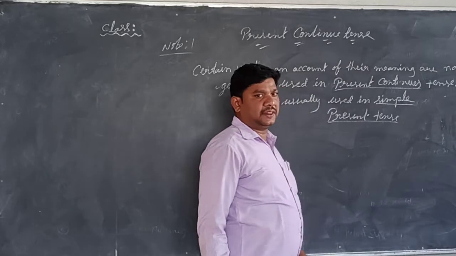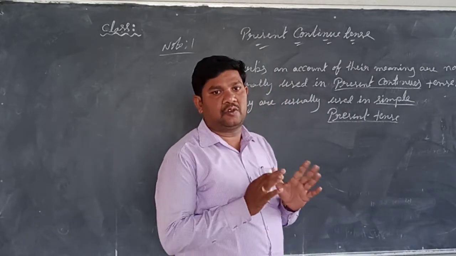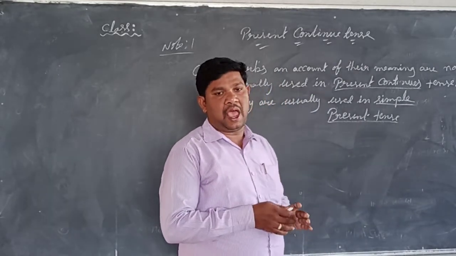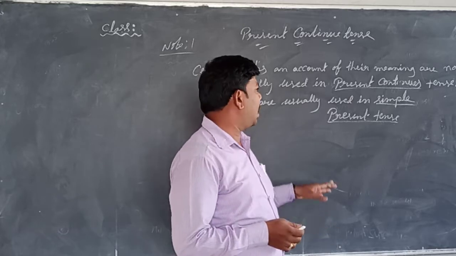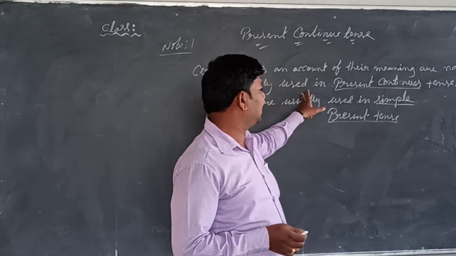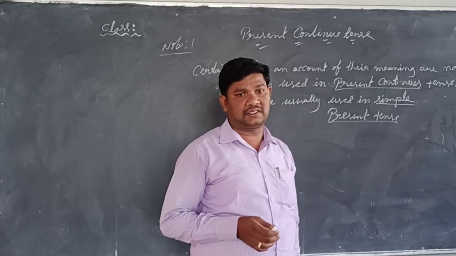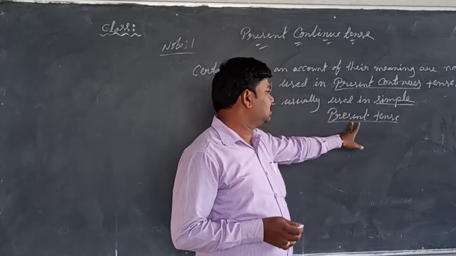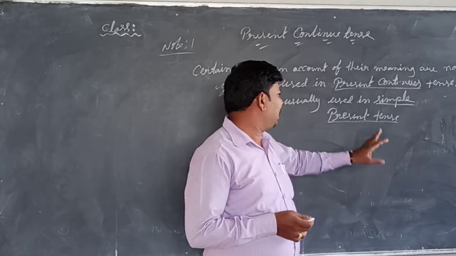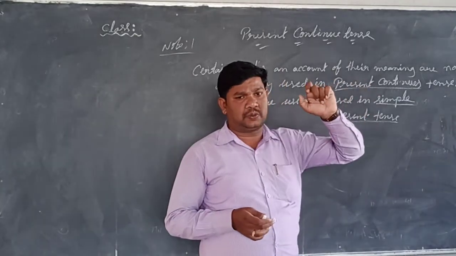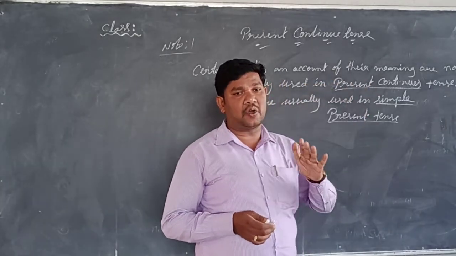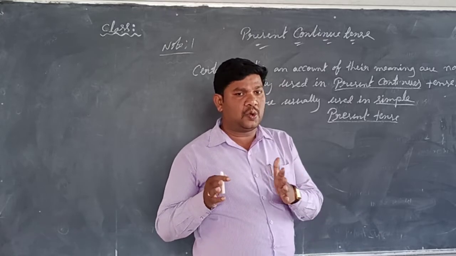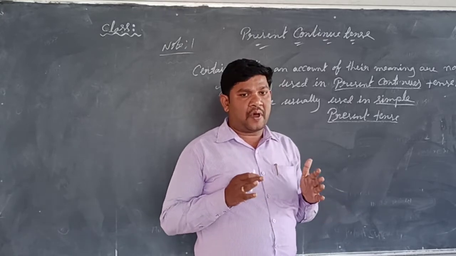So what I wrote on the board is: certain words, meaning a few words, on account of their meaning, are not generally used in present continuous tense. They are usually used only in simple present tense. When do we use present continuous? When an action is going on, any work is going on while we are talking.